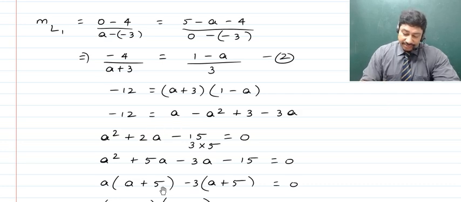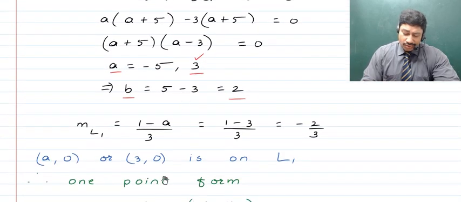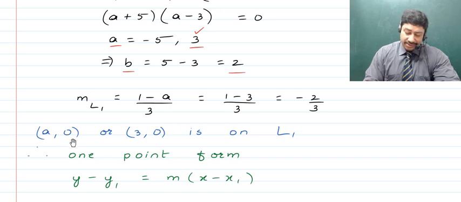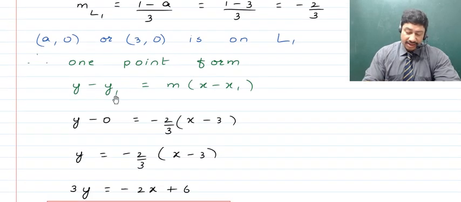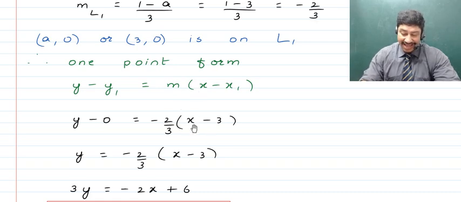So next we consider a comma 0, and as a is 3, 3 comma 0 is the point on the line, and we have the slope of the line, so we will use the one point form, and we get y minus y1 is equal to m times x minus x1. Here, as y1 is 0, we have y minus 0 is equal to minus 2 upon 3, the found out slope, times x minus the x coordinate, which is 3.